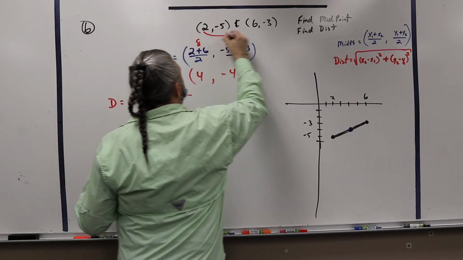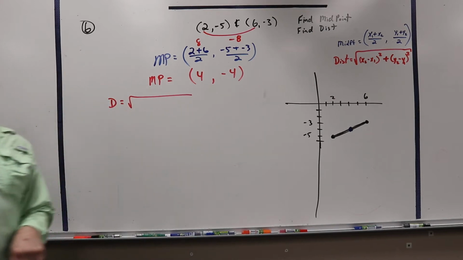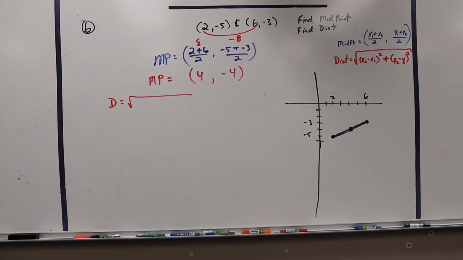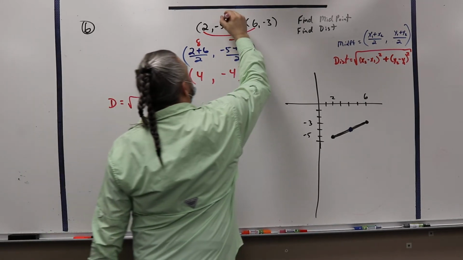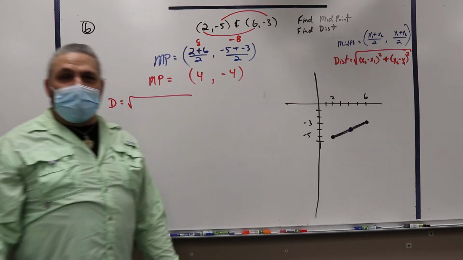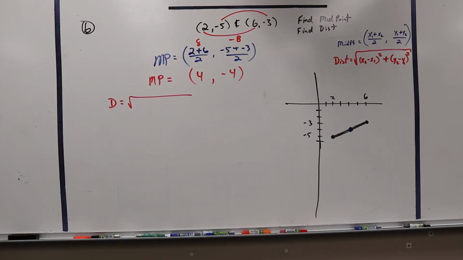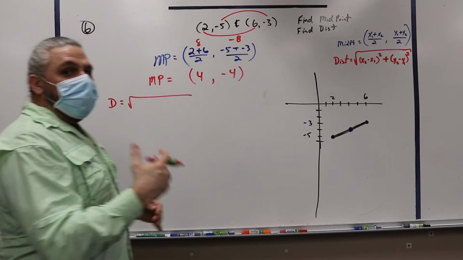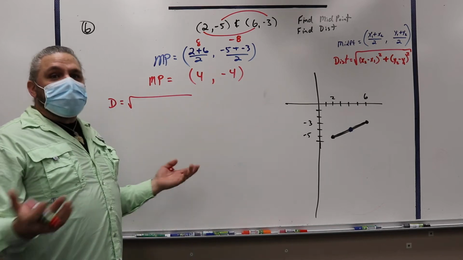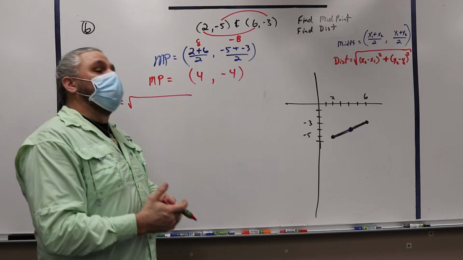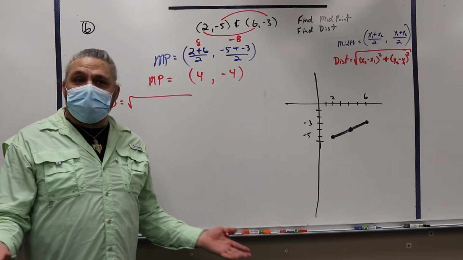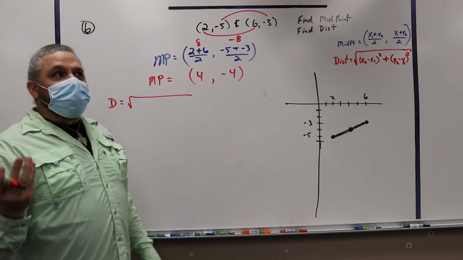I'm just going to do this, because I like to do the x's on the bottom and the y's on top, because eventually I'm going to want the slope, right? And I don't like to mess my brain up. I always like to deal with it so that later on, if I'm finding the difference between x and y, then I know that I could use that as slope later on. Does that make sense?